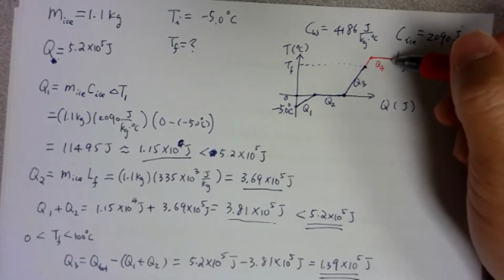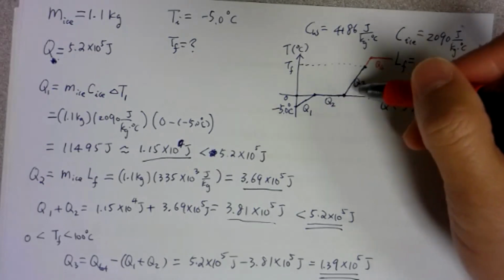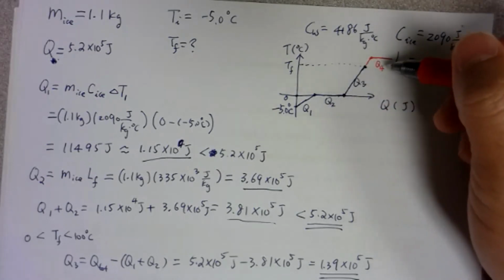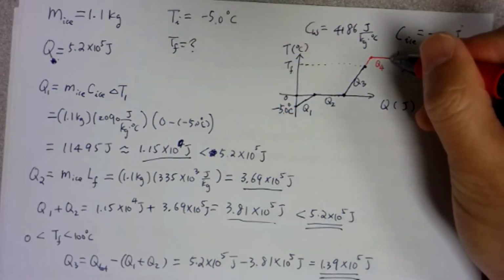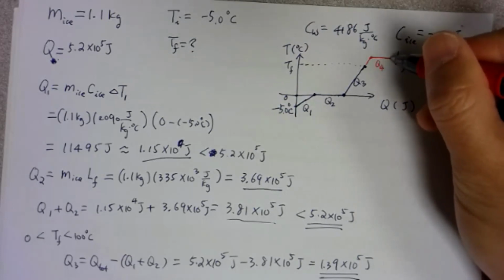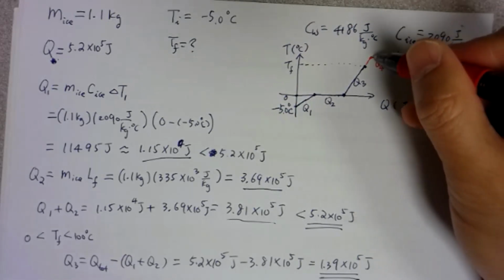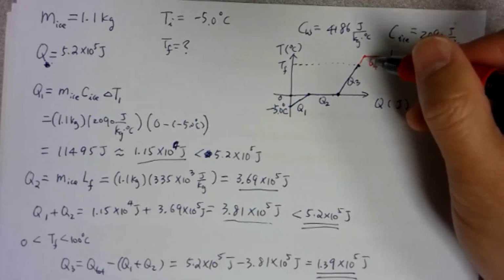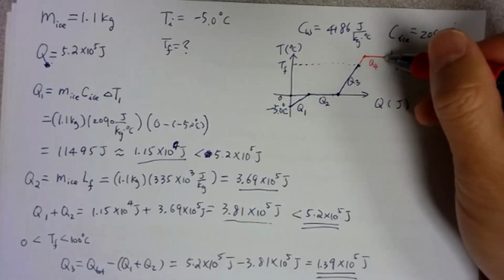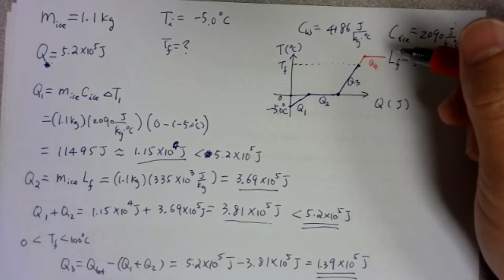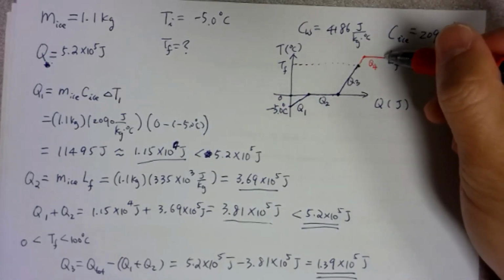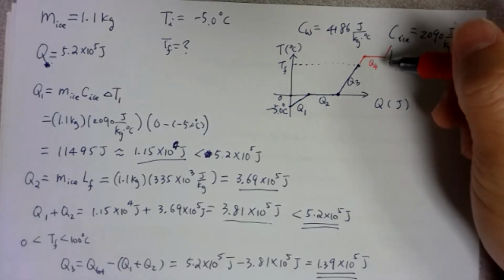Or you can calculate Q4 first, and then add Q1, Q2, Q3, Q4 up. If those four add up to be greater than the Q total, that means you are in the partially vaporized point somewhere. Then your final temperature will be 100 degrees, because the phase transition from liquid to vapor happens at 100 degrees. If your Q1, Q2, Q3 plus Q4 is less than your Q total, then you'll consider the vaporization.